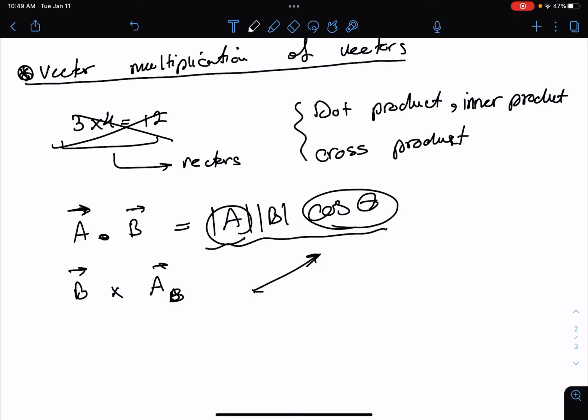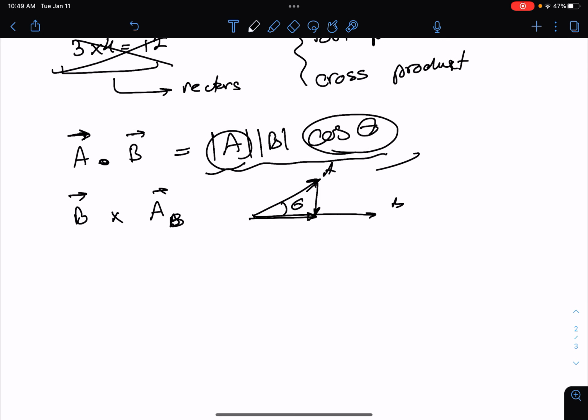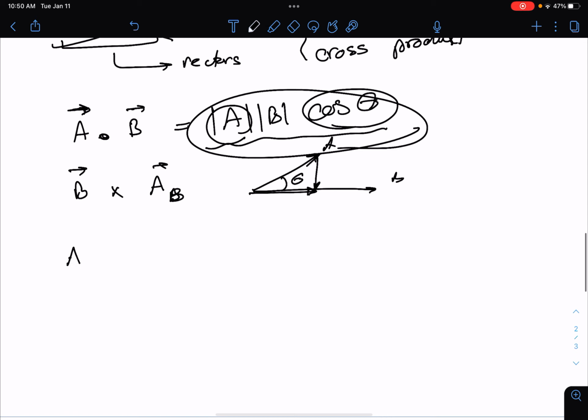So let's say you have vector A, vector B, theta. You project this vector A on this vector B, and then you just do a regular multiplication, right? As long as you use this formula, it should be fine. We can also do the dot product with their components.